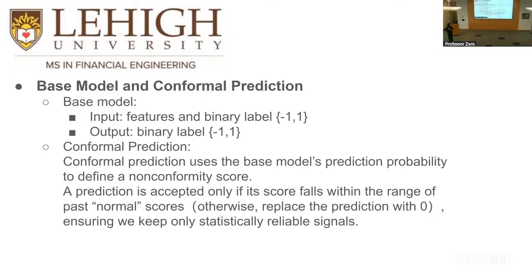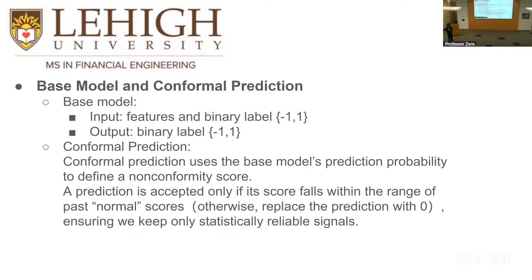And as you can see, the input for the base model is binary labels. Previously, we saw we have -1, 1, and 0 labels. At this point, we want to train our base model to focus more on classifying labels -1 and 1. So we only use the dataset with labels -1 and 1 and drop the dataset with label 0.